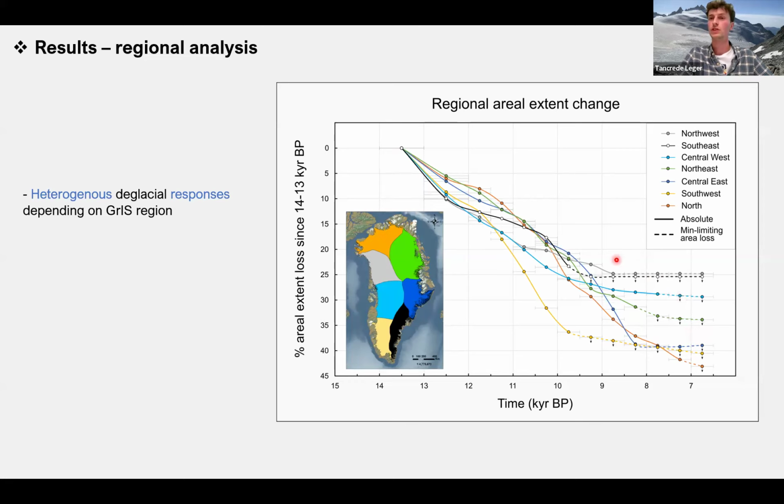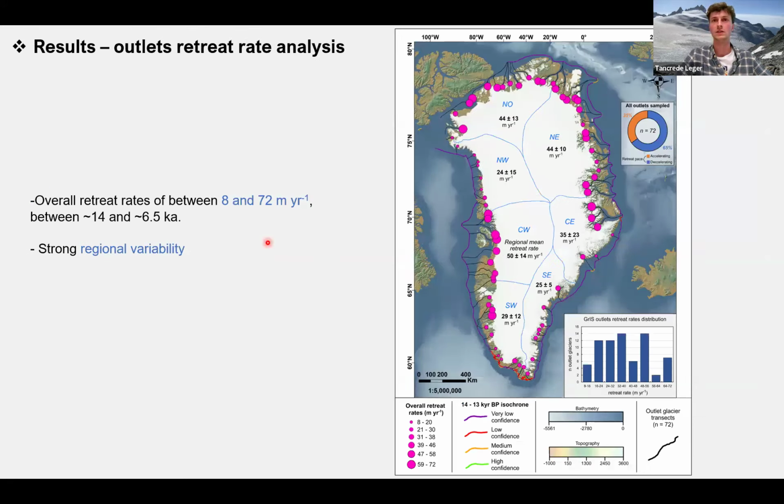And what you see is some pretty strong differences. So for example, the northwest region in gray here loses a minimum of 20 to 25% of its extent, while in the same amount of time, the southwest region, which is quite close to it here, loses up to at least 40 to 45% of its extent, so up to twice more actually. So we have some heterogeneous responses.